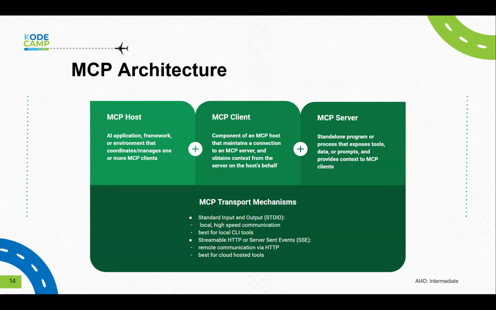Now we'll look at the architecture of MCP. Essentially, MCP uses a client-server architecture where there's an MCP client and an MCP server. The MCP server is a standalone program or process that exposes tools, prompts, and data to clients.